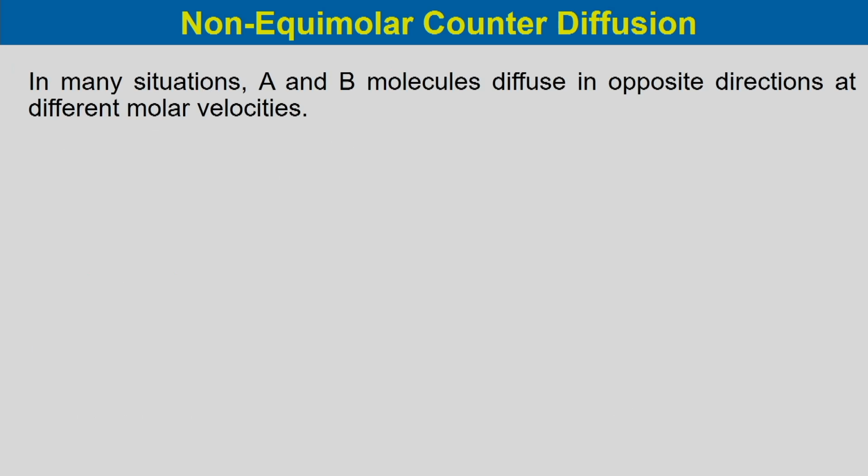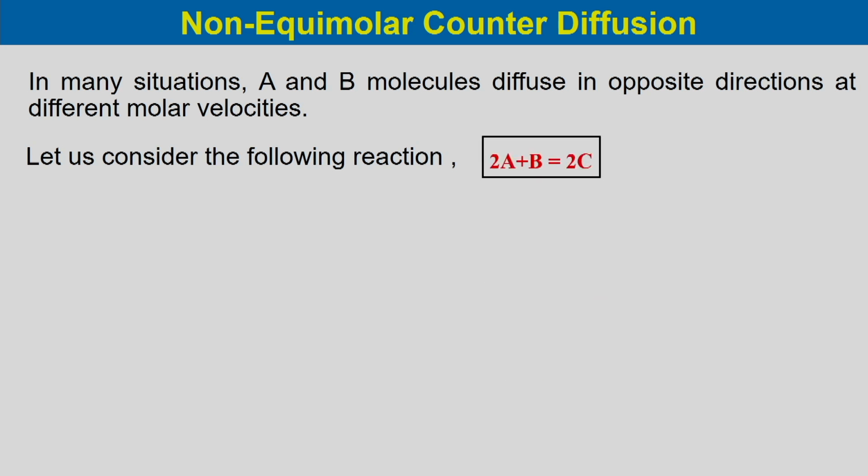For non-equimolar counter diffusion, in many situations A and B molecules diffuse in opposite directions at different molar velocities. Let us consider the following reaction: 2A plus B is equal to 2C.